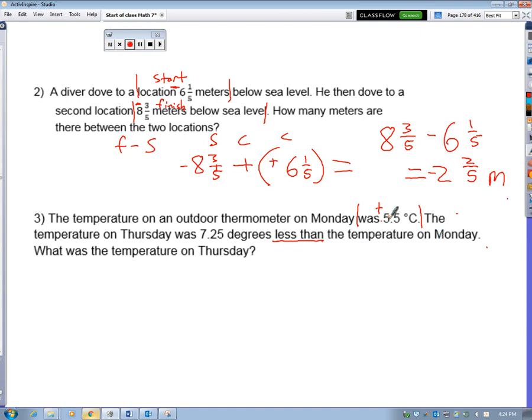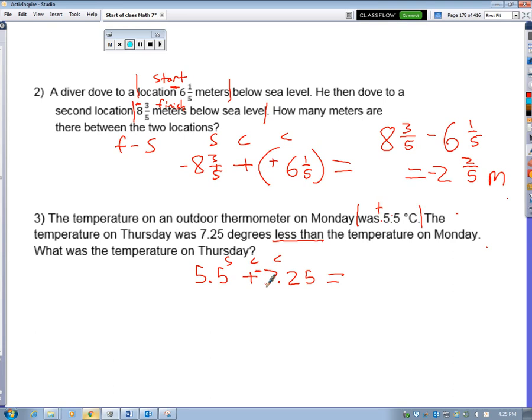So I have to take Monday's temperature, and then 7.25 less than that. So here's Monday's temperature, and I'm going to take 7.25 away from Monday's temperature because that's what it tells us to do. They're both positive, but we are subtracting. We have to do some same change, change.